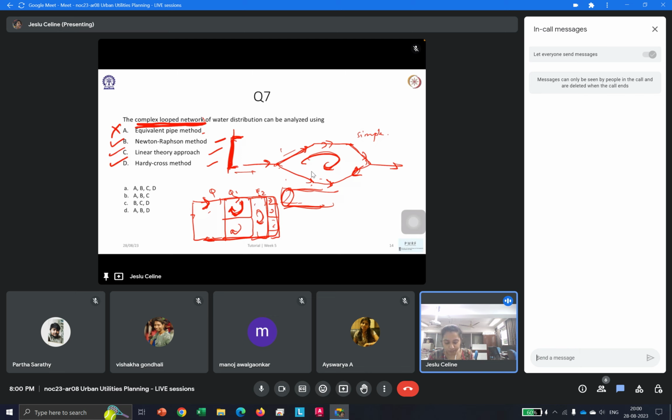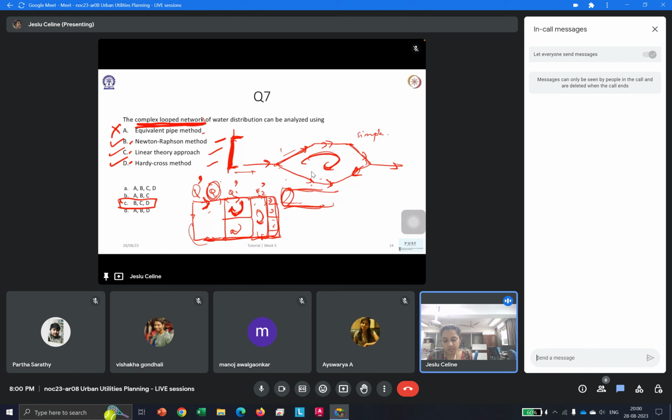Finally, based on the value that you're getting, because it's a loop, we change the assumption of Q. So then Q becomes Q dash, and we again solve to get what should be Q1 dash, Q2 dash. So we start with an assumption and then we finally come to the final value. We need not go into the details of that, but the idea is that all three of these methods are what is used. So the answer is B, C, and D.